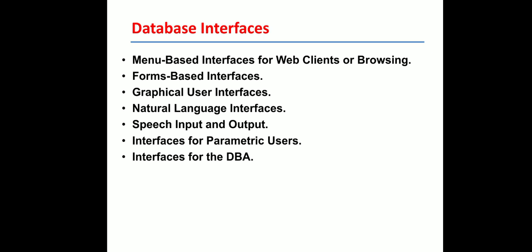When he wants to take a cash deposit, he performs some fixed operation. When he withdraws money, he performs some fixed operation. So for them, they will provide parametric interfaces. With those parametric interfaces, they perform the fixed or frequently used operations.